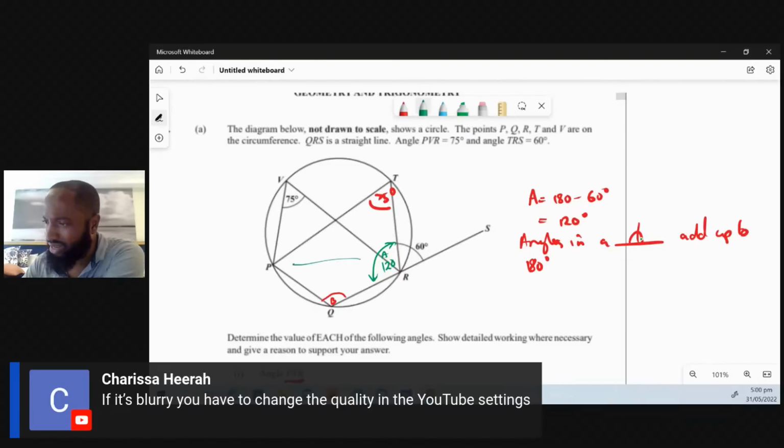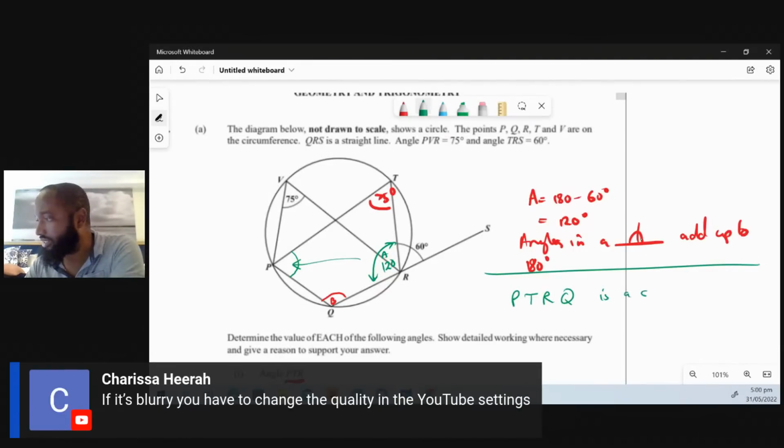And I could automatically find this one, and I don't need to find this one and subtract from 360 or anything. I could automatically find that one because if you look really carefully here, you'll see this is a cyclic quadrilateral. Cyclic quadrilaterals have the vertices touching the circumference. So PTRQ is a cyclic quadrilateral.